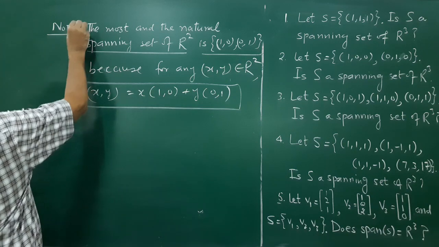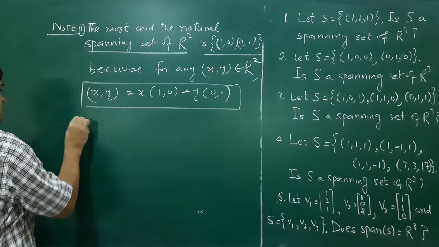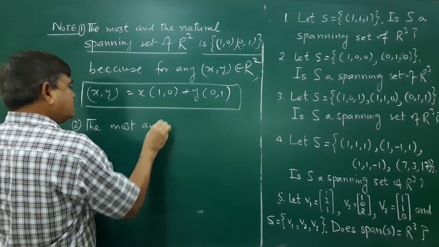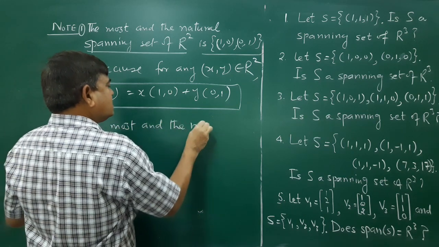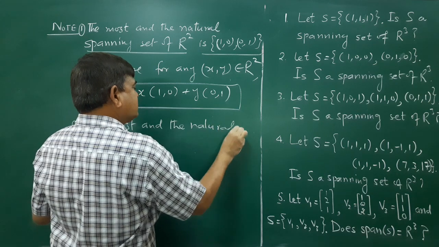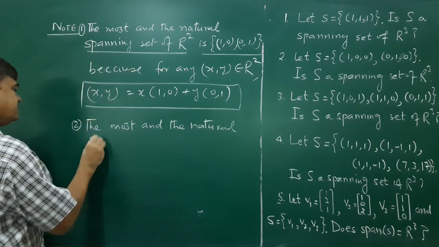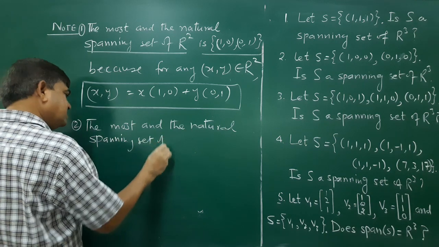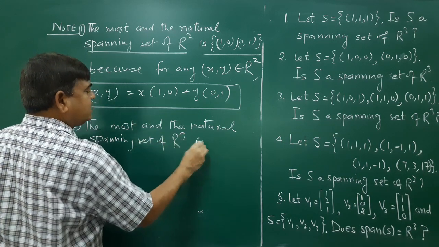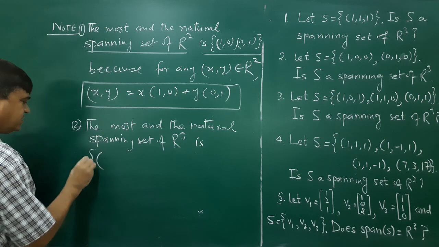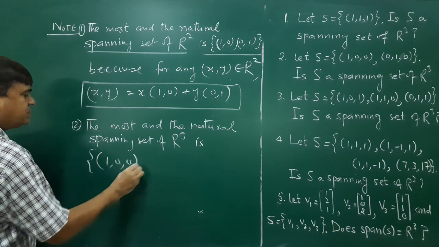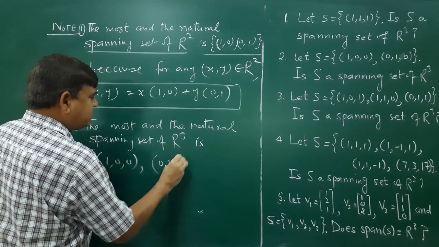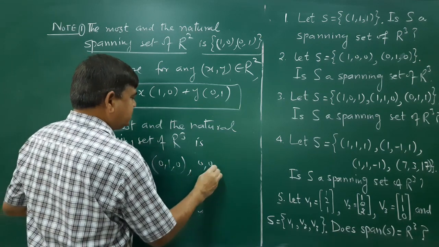In a similar way, I hope you understood, the natural spanning set of R cube is, I hope you can write, (1, 0, 0), (0, 1, 0), (0, 0, 1).